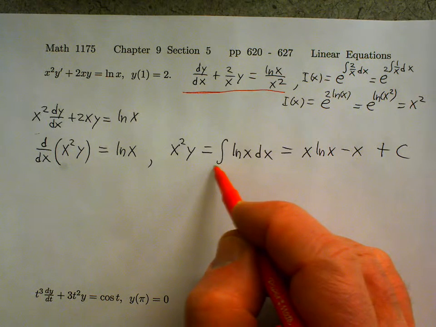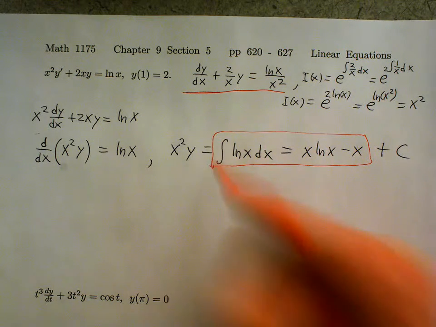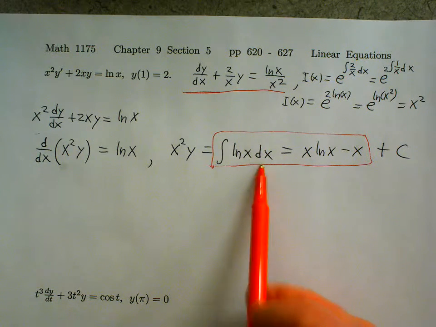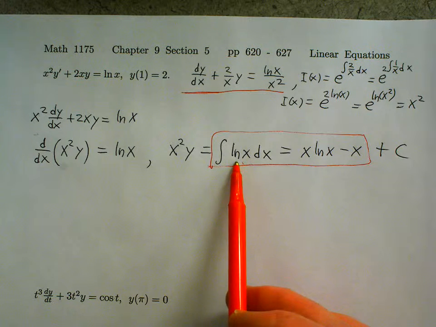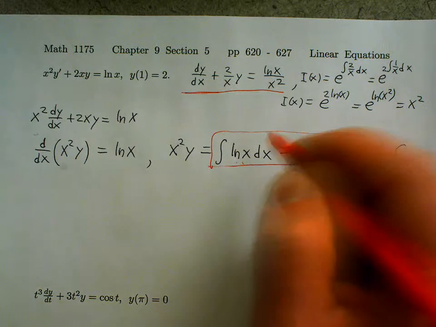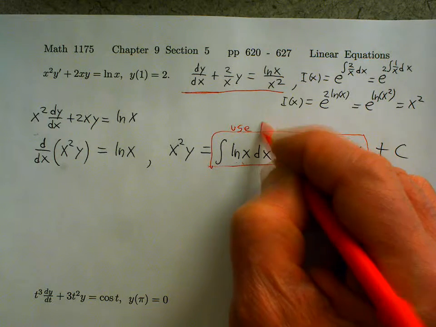I think on the first day of class this semester, we used integration by parts to find this antiderivative for the natural log of x. So use integration by parts. I'll just say parts.